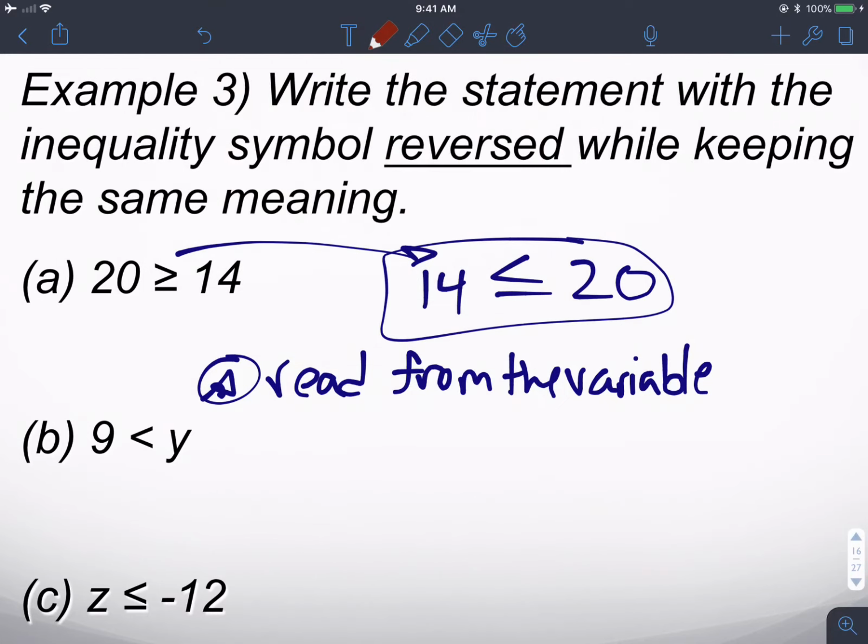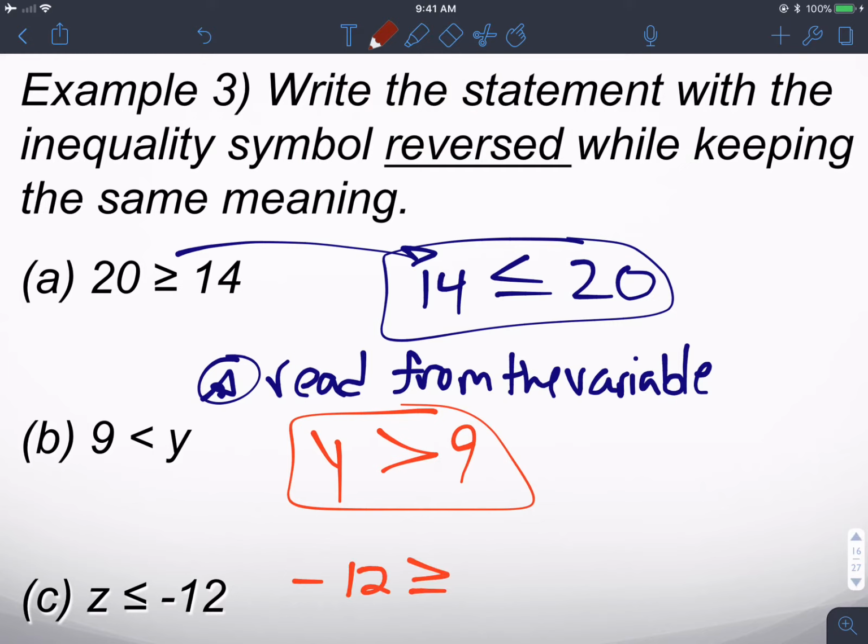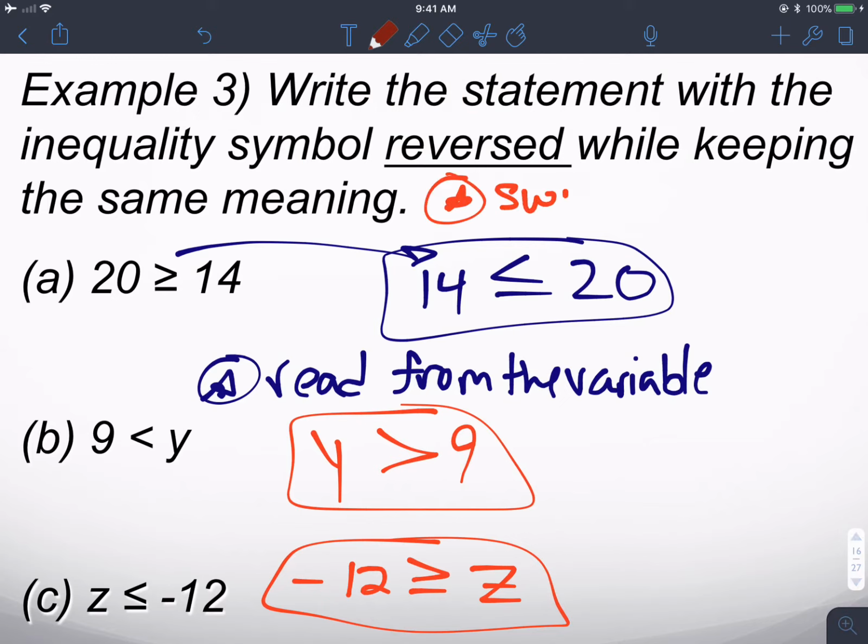So if I say this as y is greater than 9, I have to switch the arrow and then switch both of them. You see how that still reads y is greater than 9? It's the same meaning. Switch arrows and number.